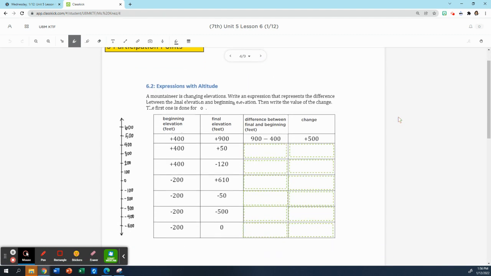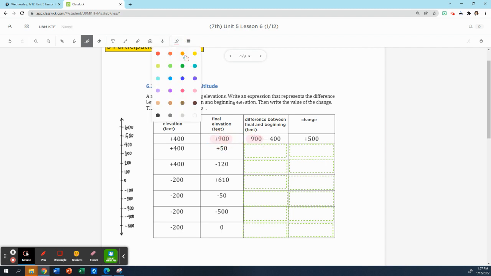On slide 4, 6.2, it says a mountaineer is changing elevations. Write an expression that represents the difference between the final elevation and beginning elevation. Then write the value of the change. The first one is done for you. So we can see that we're subtracting 900, which is the final elevation, minus the starting elevation, which is 400.